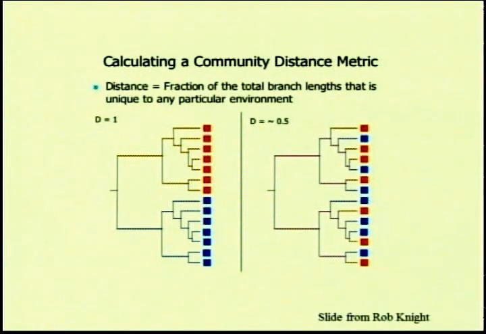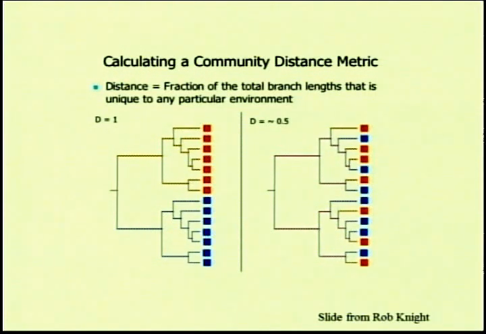So the idea starts with the view that maybe if you're comparing two bacterial communities, you want to do so in a phylogenetic framework. That is, if you have two bacteria that differ between the two communities but are really closely related, maybe you want to give that a kind of modest score. And two bacteria that are from different phyla that are really different, maybe you want to give that a bigger score.